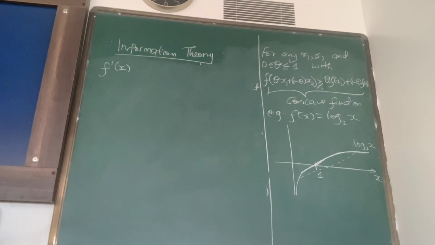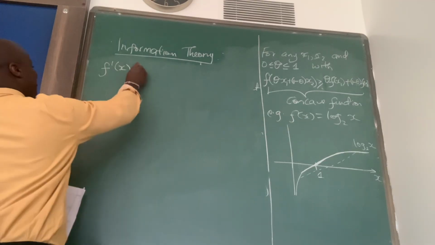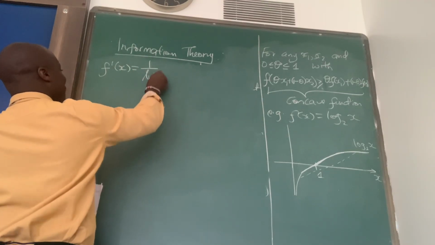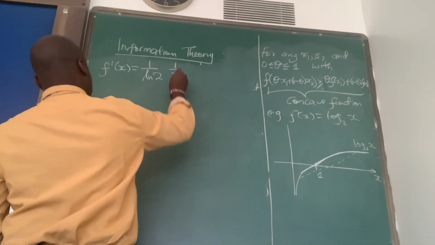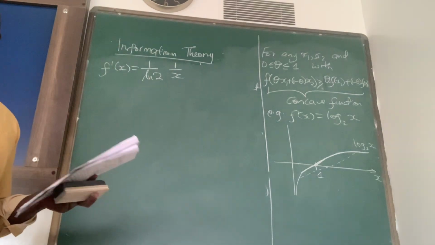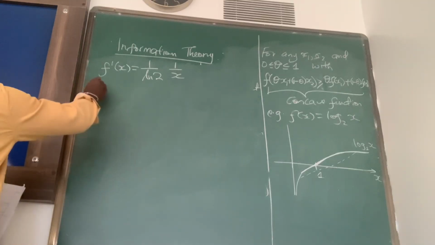So what about log to base 2? It will be 1 over ln 2 times 1 over x. Okay? 1 over ln 2 times 1 over x.